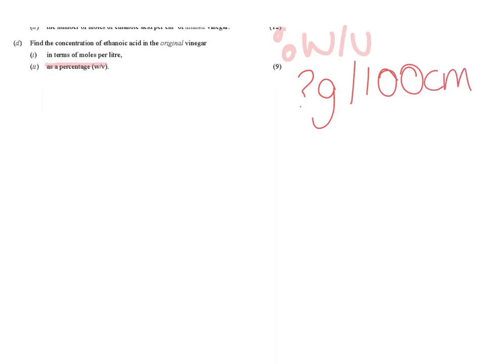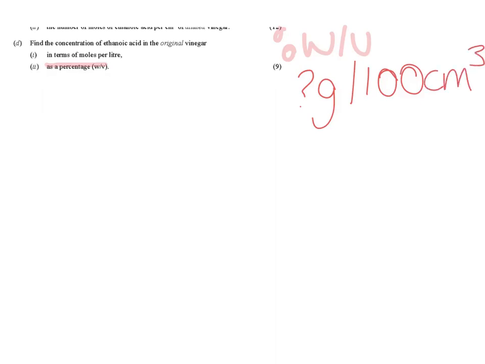The final part of the question is asking us to calculate our ethanoic acid as a percentage weight by volume. So we need to remember, what does weight by volume mean? It means how many grams are in 100 centimetres cubed.